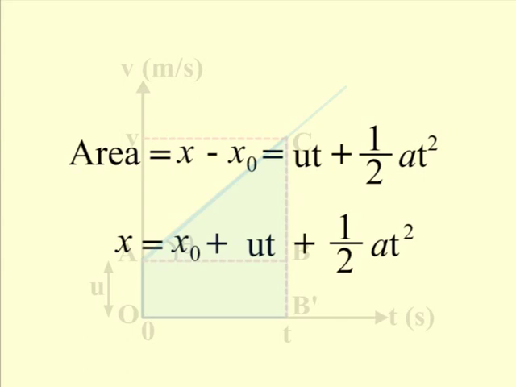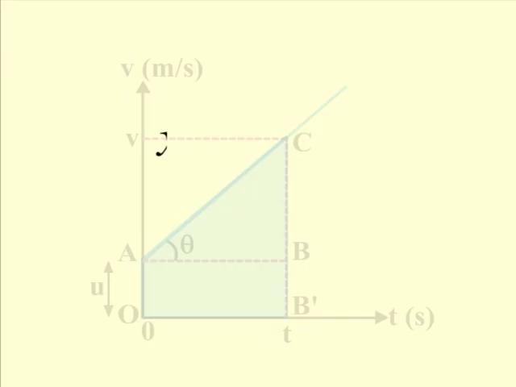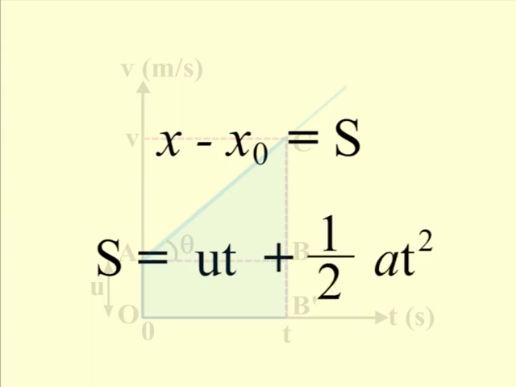This shows that the position of an object at any time t has quadratic dependence on time when the particle moves with uniform acceleration along a straight line. If s is the displacement of the particle in time t, then x minus x0 is equal to s, and the relation becomes s equal to ut plus half at square.